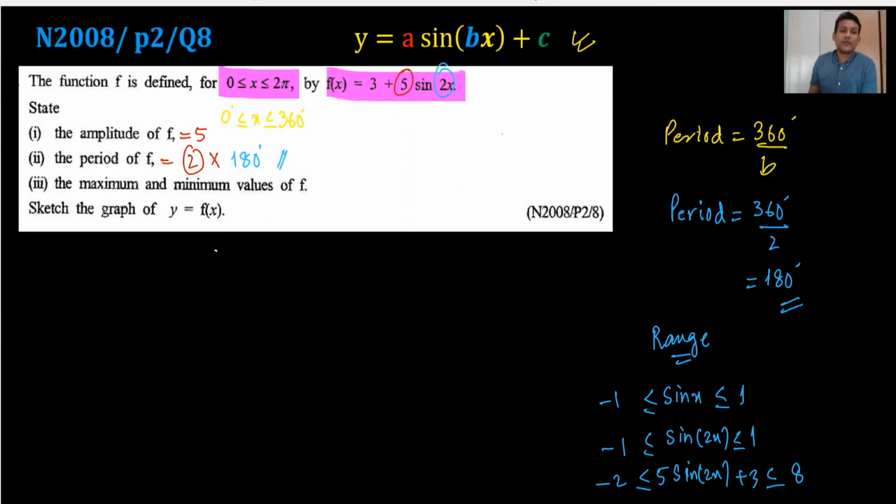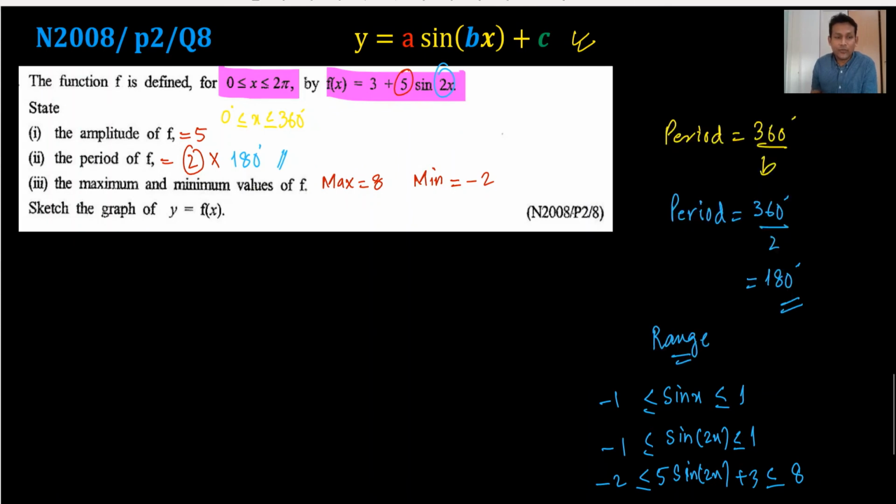So this is the range we can write here. The range is: the maximum value is 8 and the minimum value is minus 2.